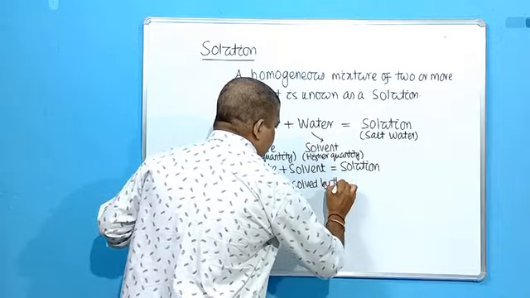So there is a limit to the extent to which a solute can be dissolved in a solvent. That is called solubility. It is the mass in grams of a solute which can be dissolved in 100 grams of the solvent. This chapter will be discussed again in detail in your second year.